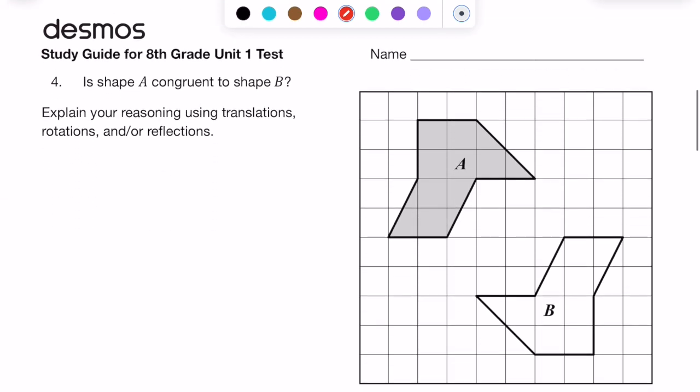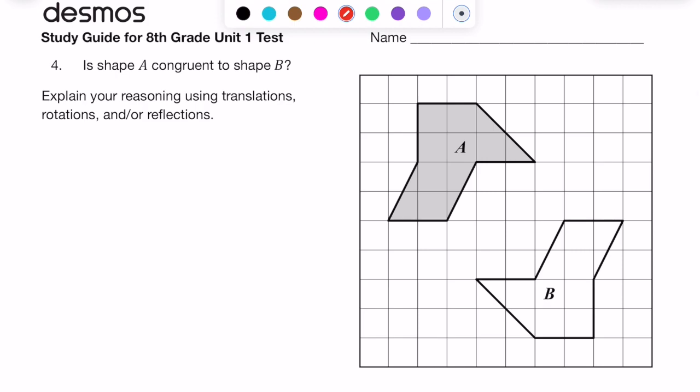Cool. Question 4, is shape A congruent to shape B? Explain your reasoning using translations, rotations, and reflections. Alright, so here we're trying to show, are these the same shape, the same size, the same angles? This is going to be another situation where tracing paper is going to be really helpful.